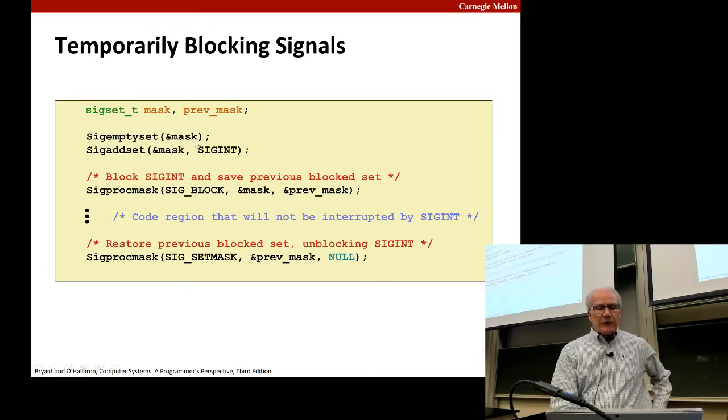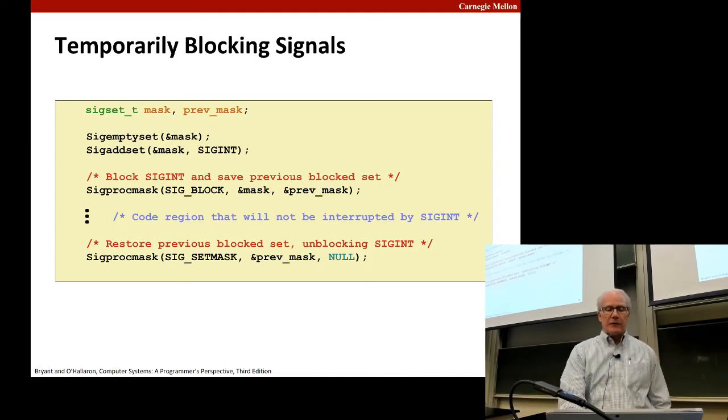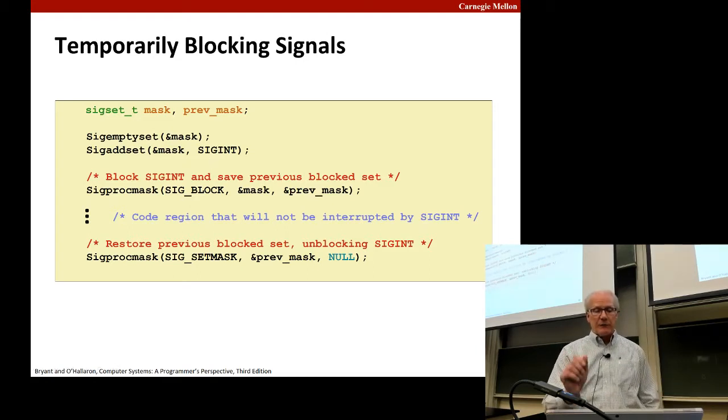So here's an example where I want to block SIGINT. I have to declare two sigset_t's, which are whatever data structure it uses to represent these. And you don't need to know the details of how they're represented. But you can create an empty mask, a mask where nothing is blocked, and then just add to it the bit for SIGINT.